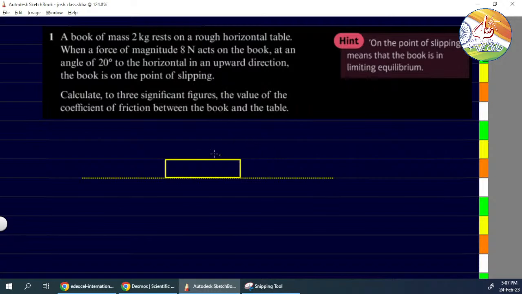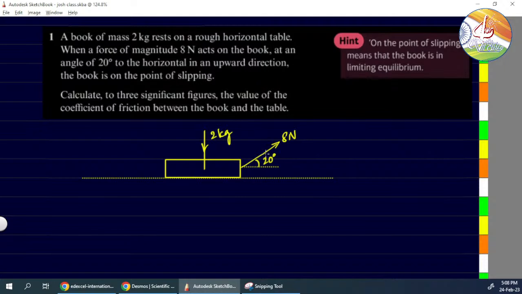Mass of the book is 2 kg, right? When a force of magnitude 8 Newton is applied on the book at an angle 20 degrees to horizontal in upward direction. So we are applying a force like this, right? At 20 degrees we are applying a force of 8 newtons.